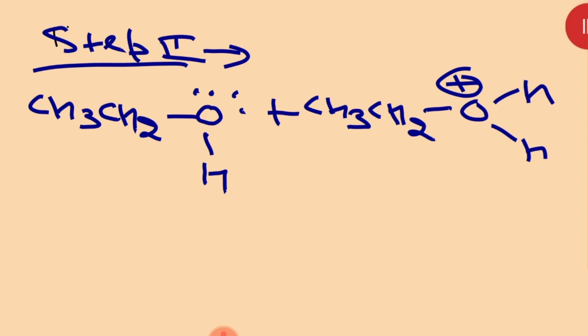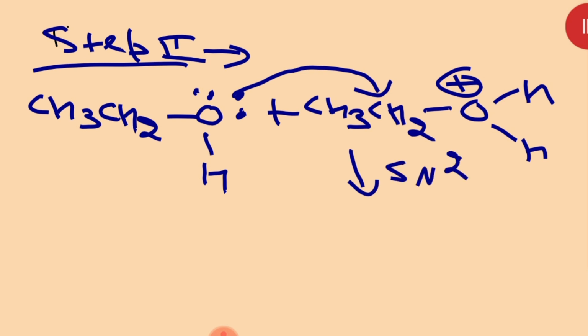Then this pair can go there only. Then beta, just remember we have to do the SN2 mechanism. According to the SN2 mechanism, primary is more reactive than the secondary and then the tertiary.